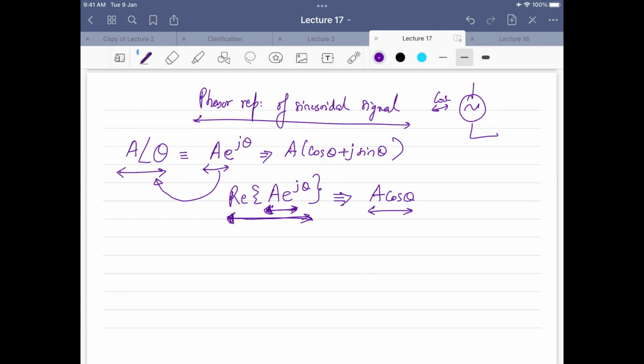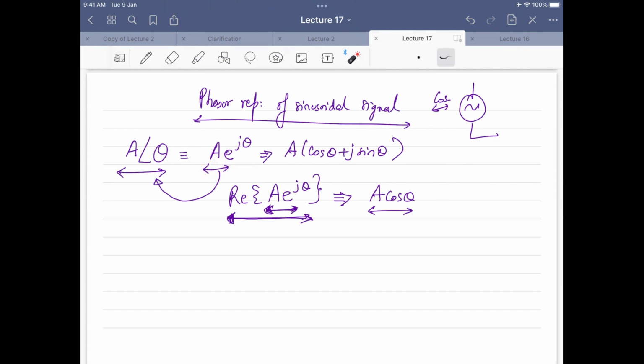And the reason why we are using this exponential is because it helps us in solving some differential equations, which we will see later on during the course. I don't know whether we will cover that or not because that is not included in your exams, I guess. But the problem is the differential equations that we set up for the RLC circuits.